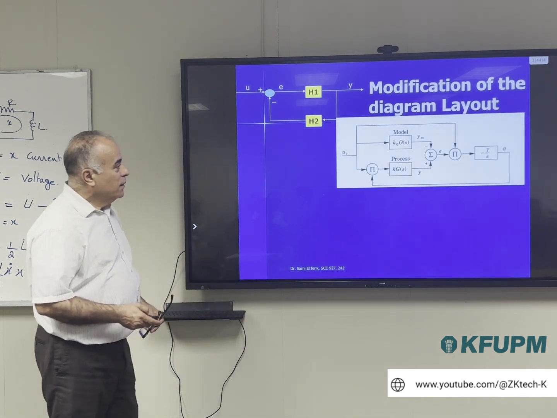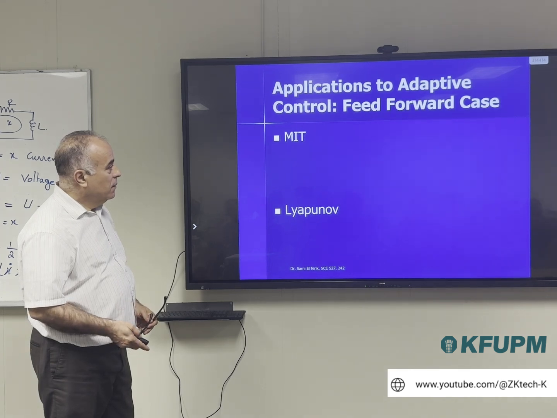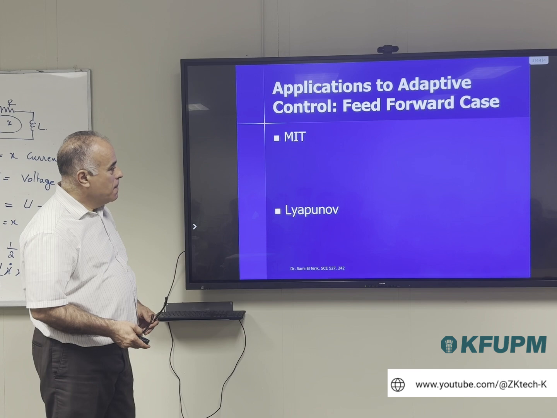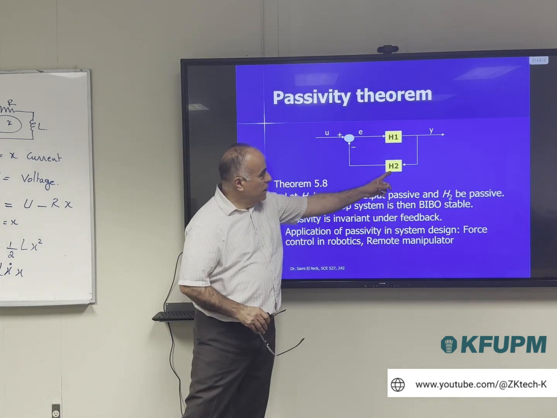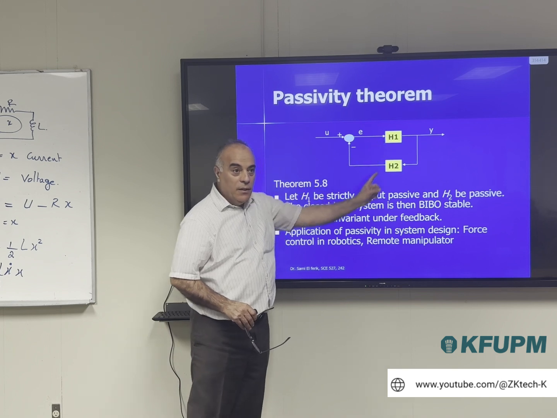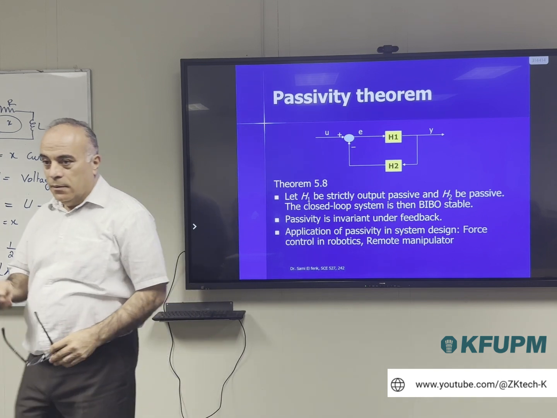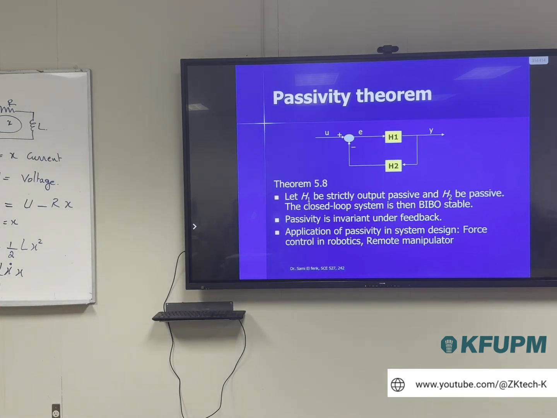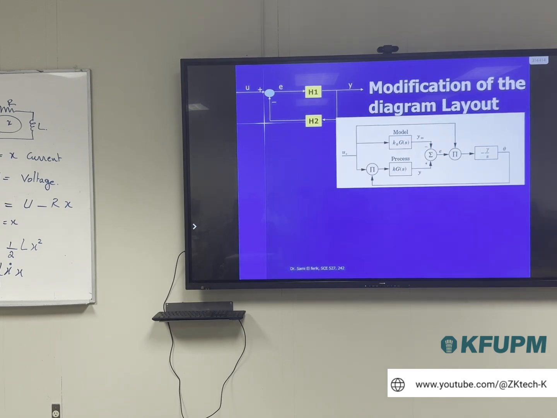Now if I go back, if I show that H2 is passive, then I focus on H1. If H1 is strictly output passive, then the system is BIBO stable. There was a condition on R, which is square integrable function, yes. So this is the condition on R.